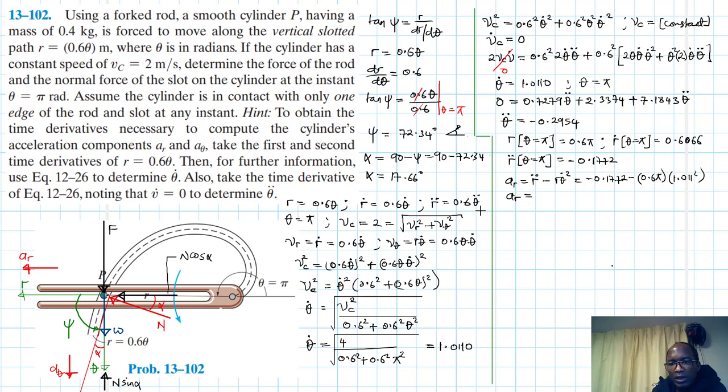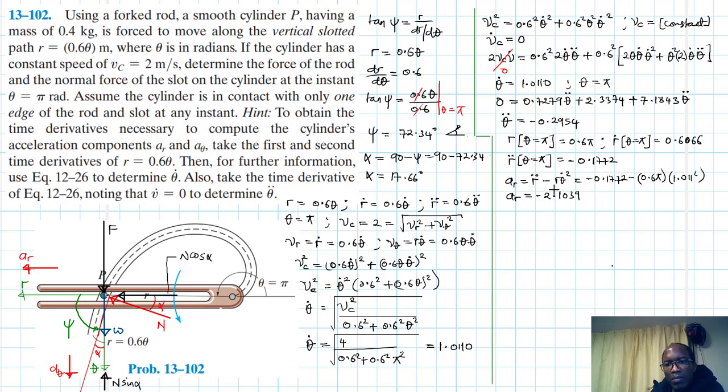Therefore, our AR is just equal to minus 0.1772 minus 0.6 times pi times 1.011 squared. So we have a minus 2.1039.